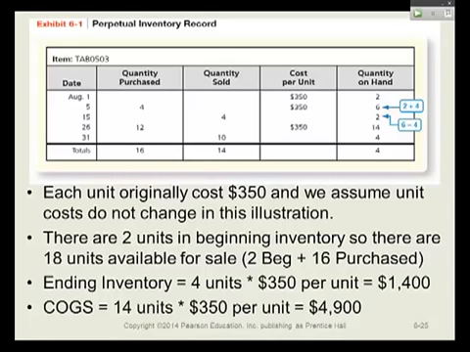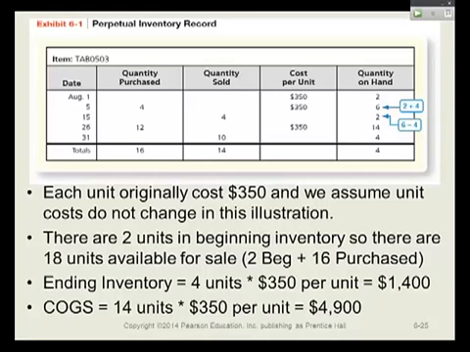If we do this by units, I've got 2 units to start, and I purchased 16. I have 18 available. The ending inventory is going to be determined by saying that if I sold 14, then 4 have to remain.